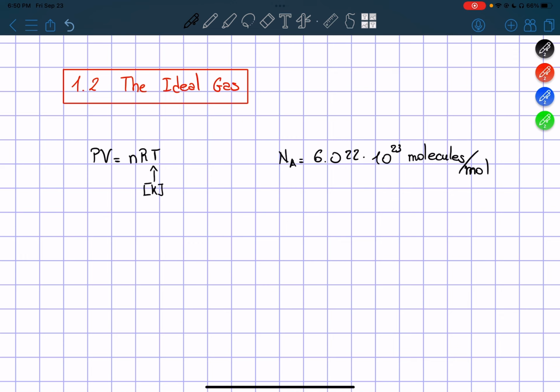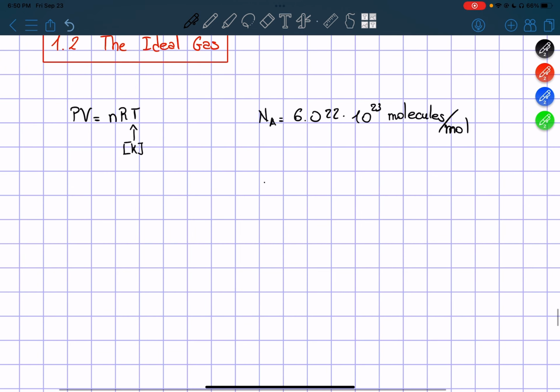So the number of molecules in a certain amount of moles is equal to Avogadro's number times the number of moles. For example, if we have 2 moles, we just multiply by Avogadro's number, and this is the number of total molecules.